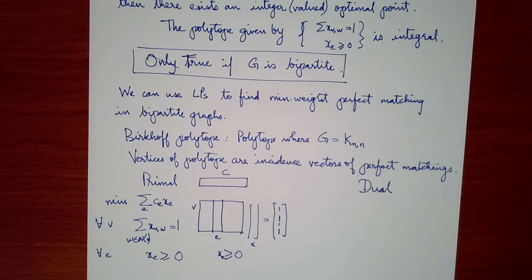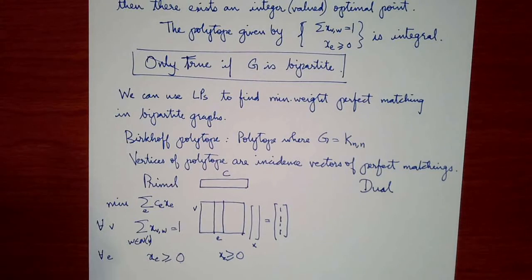Any thoughts, any suggestions? What is the column of this matrix? What is the row of the matrix?